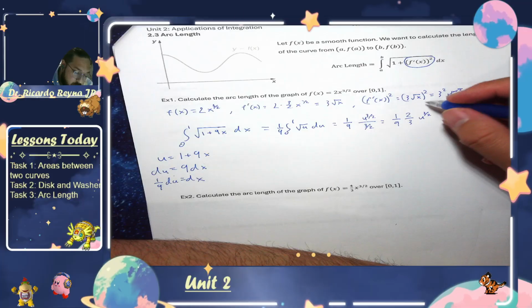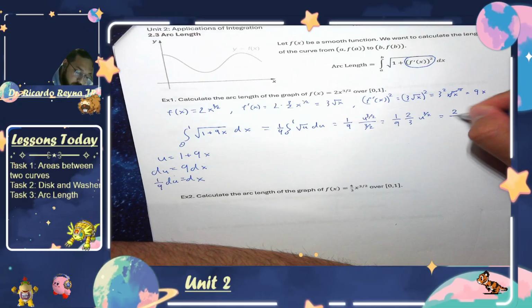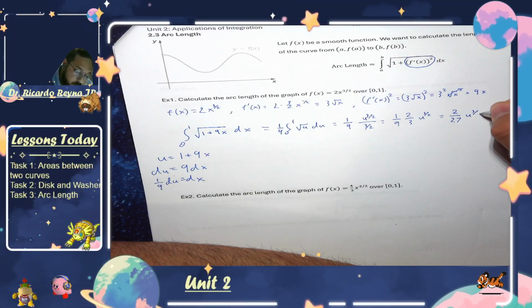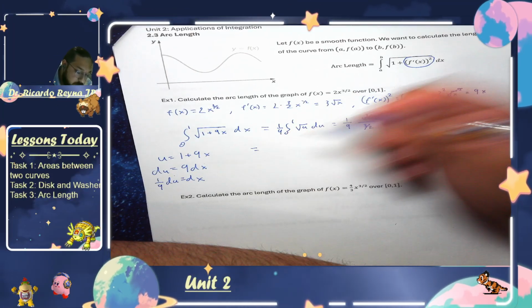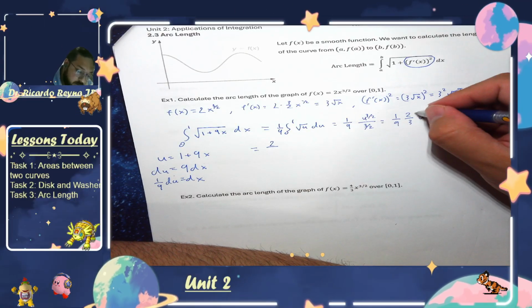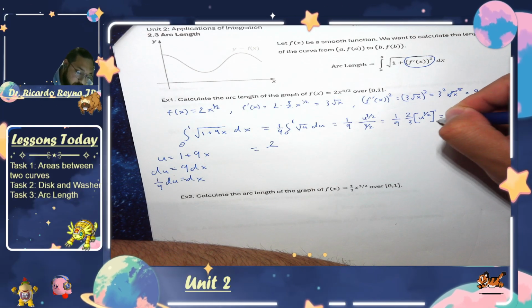From here, I think I do want to simplify. So we have 2 over 27, u to the power of 3 over 2, and then plug in back u, 2 over, oh, I forgot to do this bracket. 1, 0.